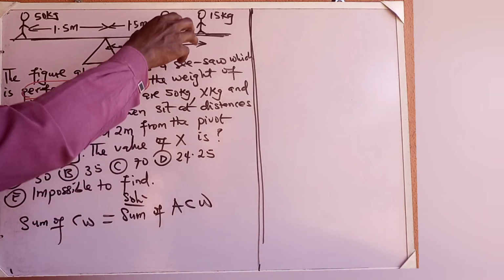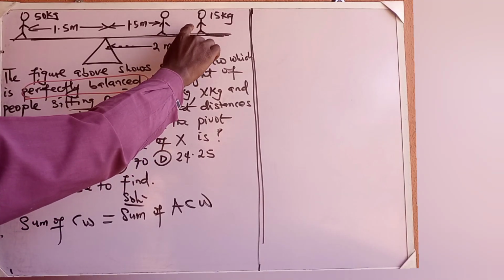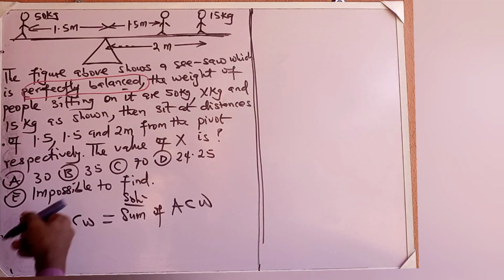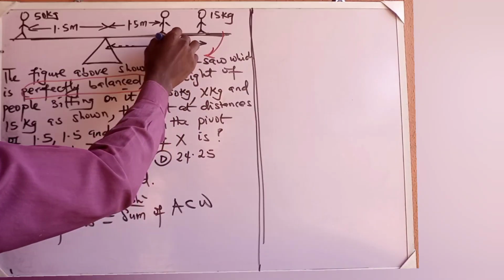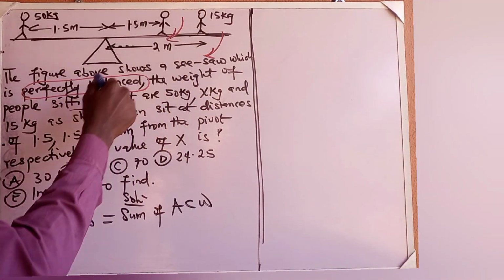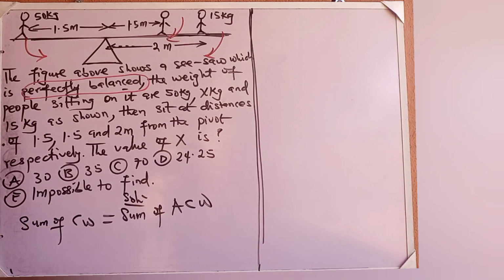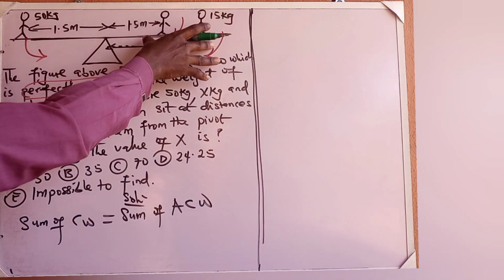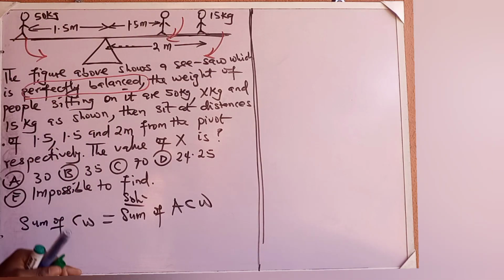Two people are here to the right, and their weight is trying to turn this ruler clockwise. So these two people are producing clockwise moment. And only this one is producing anti-clockwise moment. So the sum of the moments produced by these two people should be equal to the moment produced by this one.